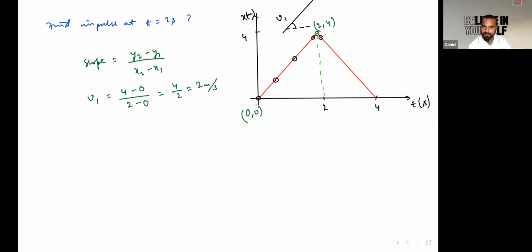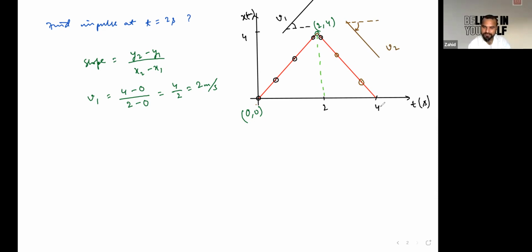Similarly, if you calculate slope for this line, whether at this point or at this point, you get the same inclination or same slope. That's why I have defined a straight line to this point and drawn a horizontal line to it. This inclination will define velocity V2.